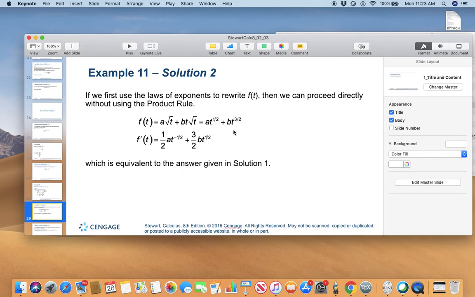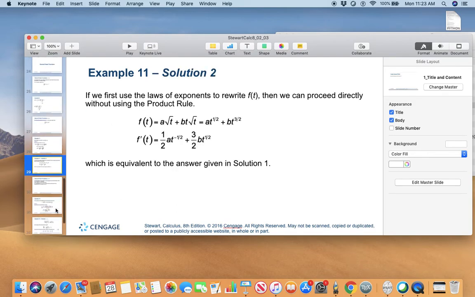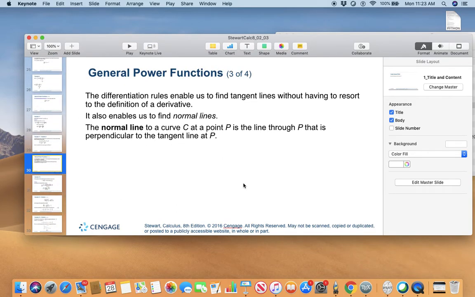Now you can directly take the derivative. So half comes down, reduces by 1. 3 halves comes down, reduces by 1. So this is something you could have done instead of using the product rule. You can use either rule and you get the same answer.